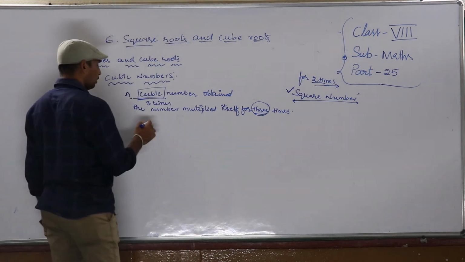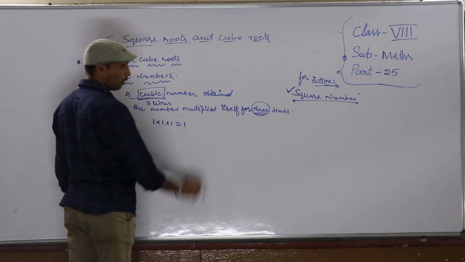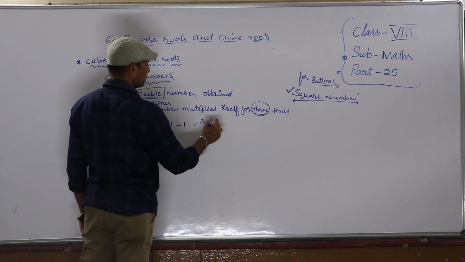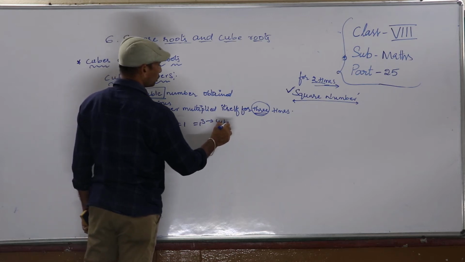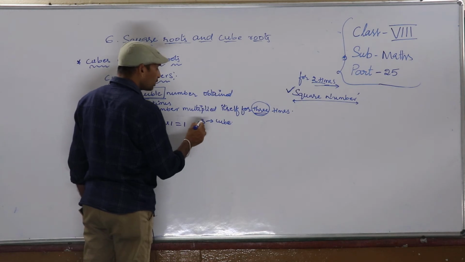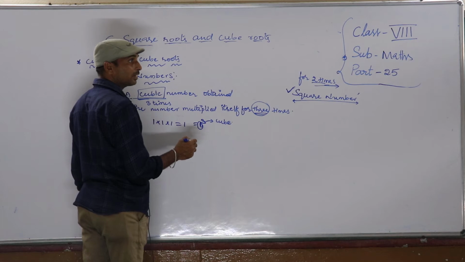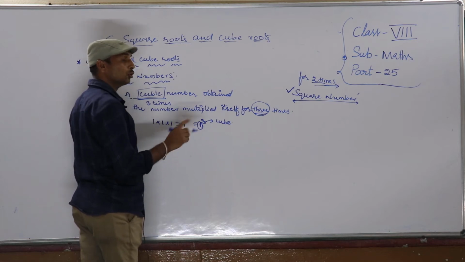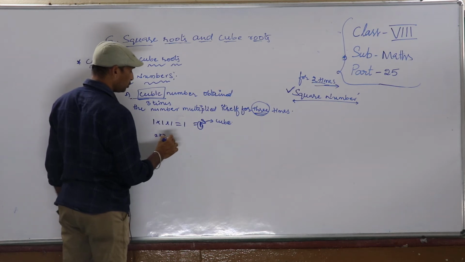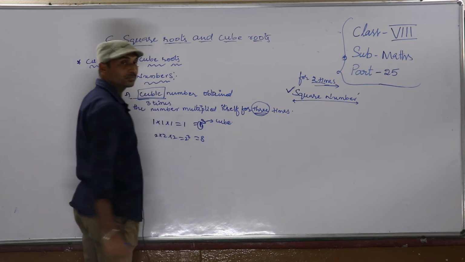So example, 1 into 1 into 1, 1. So we can write 1 cube, 1 power 3. Here 2 into 2 into 2, 2 cube, nothing but 8.